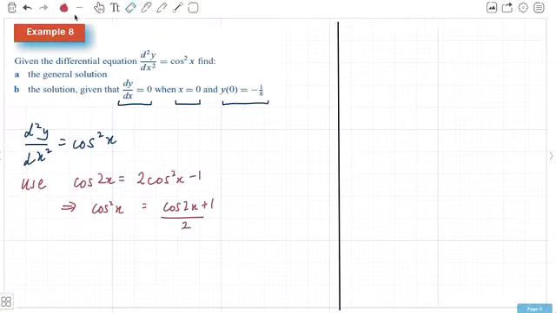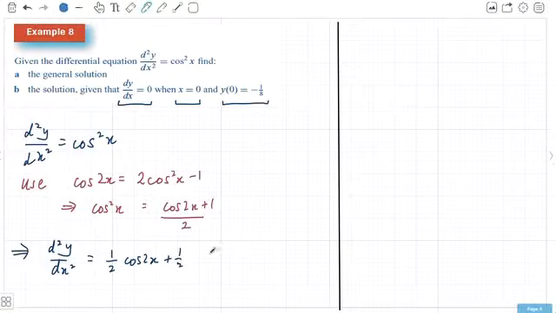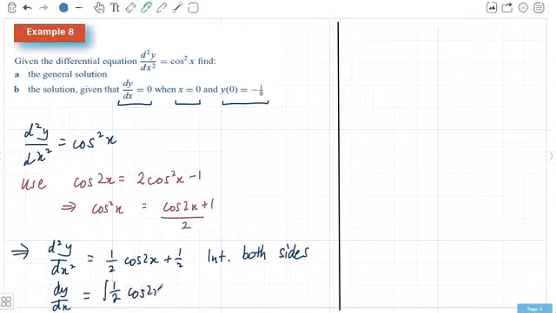So we now have our second order differential equation, which is now, instead of this, we're going to use this. So it's a half cos 2x plus a half. We're now going to integrate both sides. And when we do that, we're going to end up with dy dx on the left side equals a half the integral of cos 2x and the integral of a half.